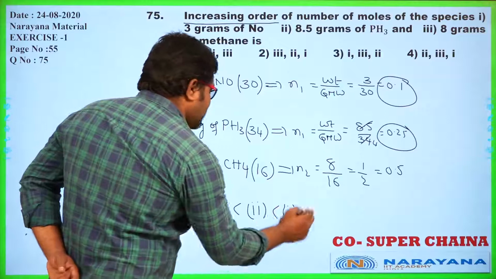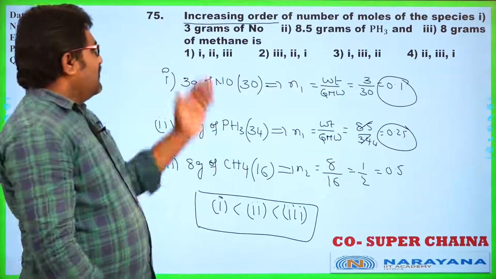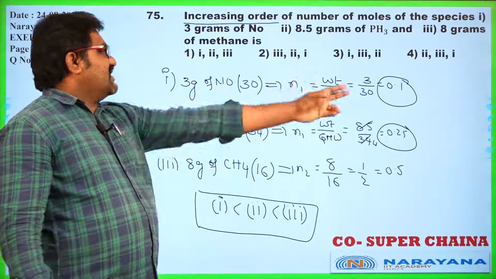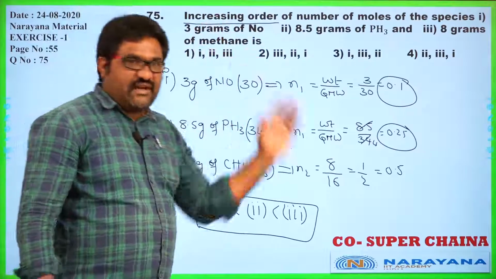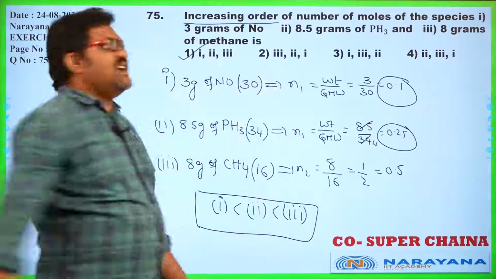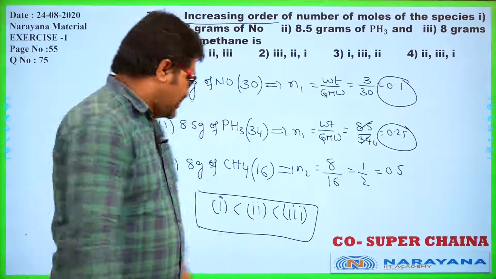This is the increasing order of number of moles. So among the given options, the first option is the correct one. Is it clear? Yes. Let us go for the next question.